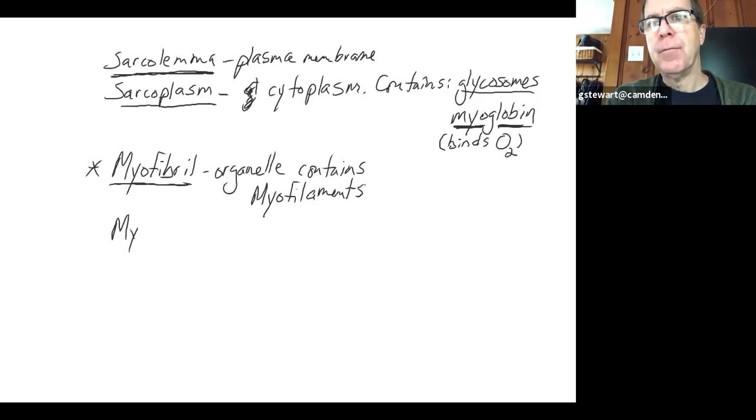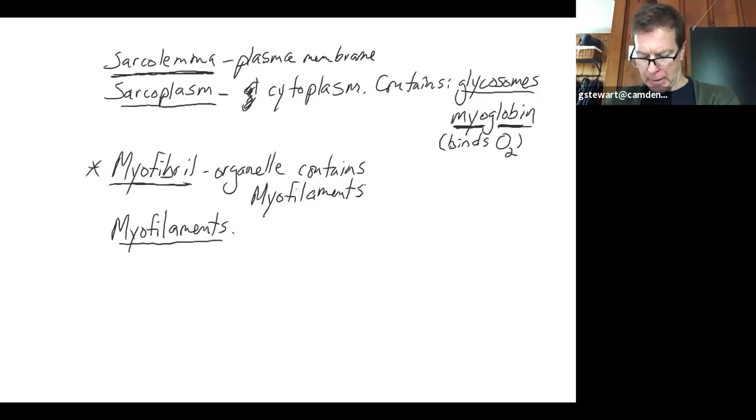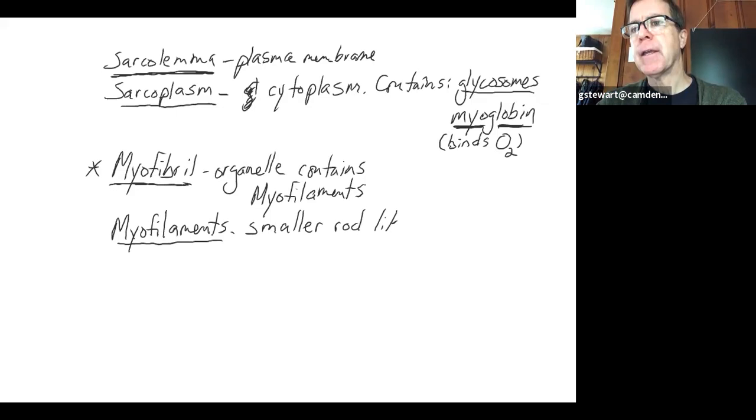So I'm going to get more specific about myofilaments now. They are within the myofibrils. These are smaller. I said thread-like before, but if we magnify them enough, they're also rod-like.